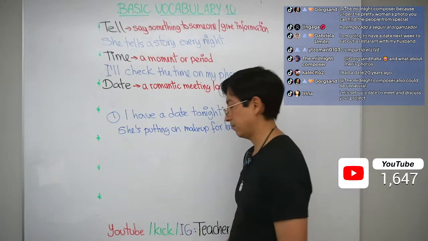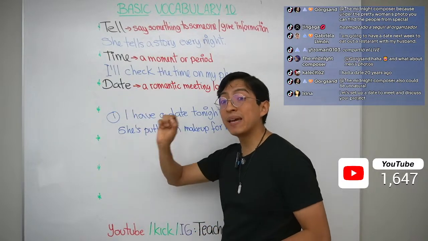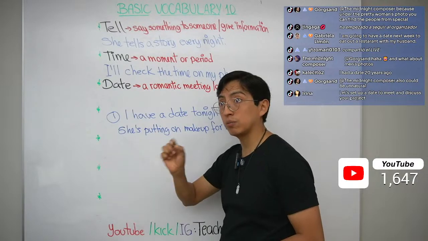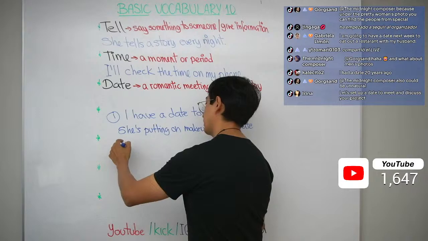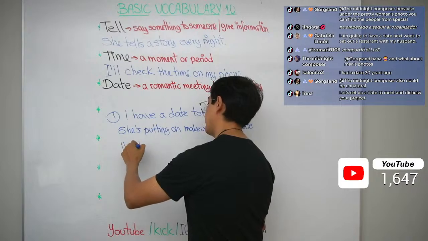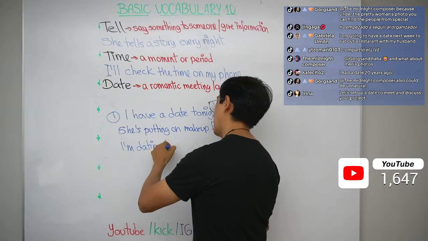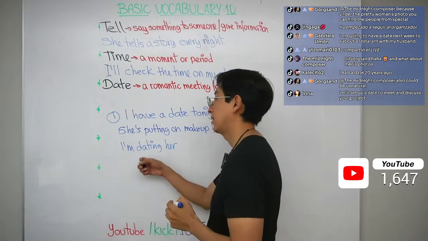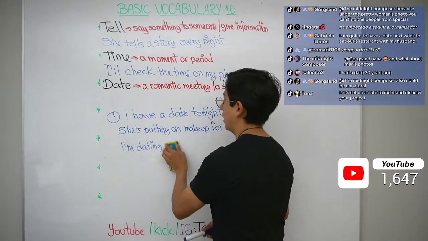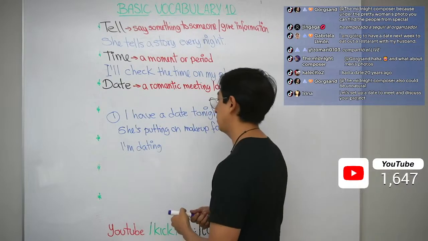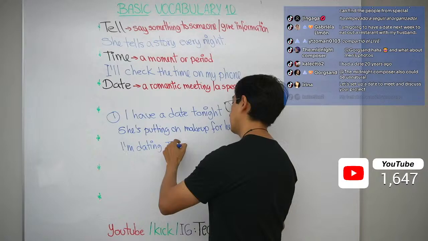Yes, very good. Now, we can use date as a verb. Maybe you can say, I'm dating her. Okay, or maybe let's put a name here. I'm dating, let's say, Jennifer.